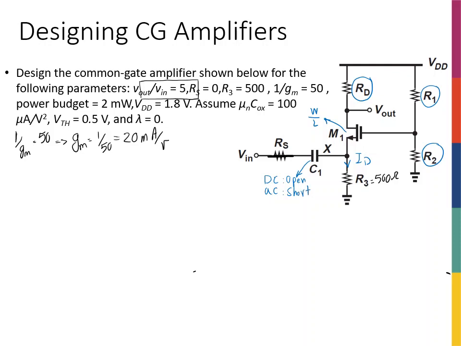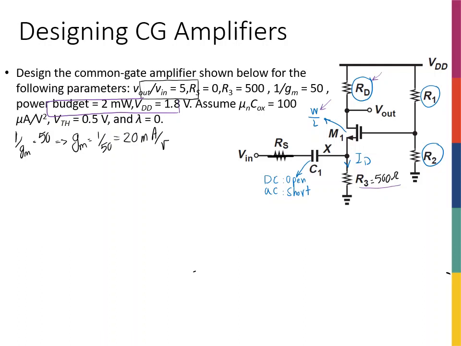Okay, so the first thing we want to think about is that it's kind of like reverse engineering. We have the solution, we know the gain is 5, and we have to find out what circuit resulted in this gain, while we satisfy all the requirements from the question, the main one being the power consumption. So if I want to design a circuit that does not burn more than 2 milliwatts, but gives me a gain of 5, with this resistor R3, what kind of RD should I put here, and what transistor size?